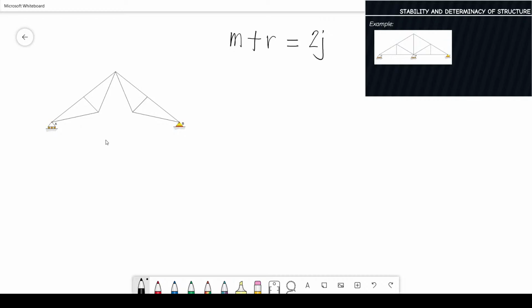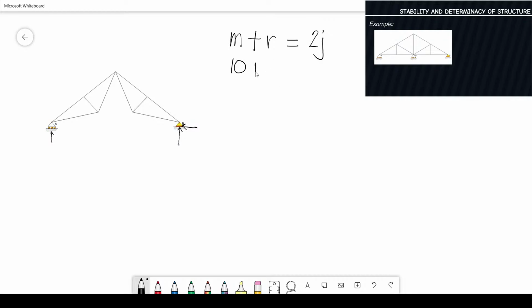Okay. So again, how many members do we have? For this truss, we have 1, 2, 3, 4, 5, 6, 7, 8, 9, 10. Tama? That's 10. How many reactions? This have 1 reaction for roller and 2 reactions for hinge.